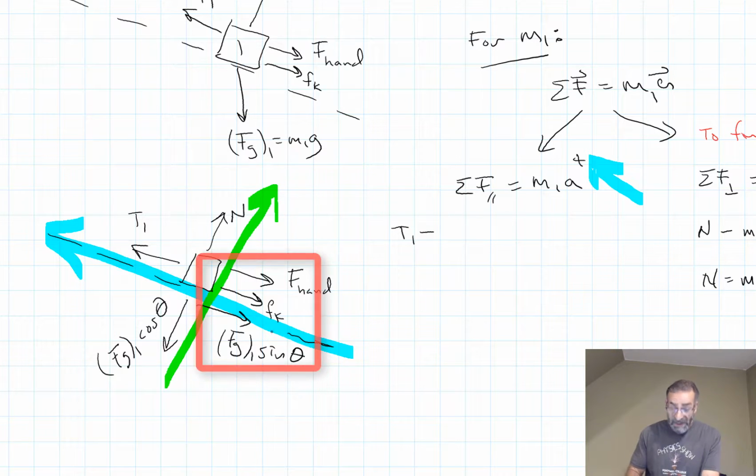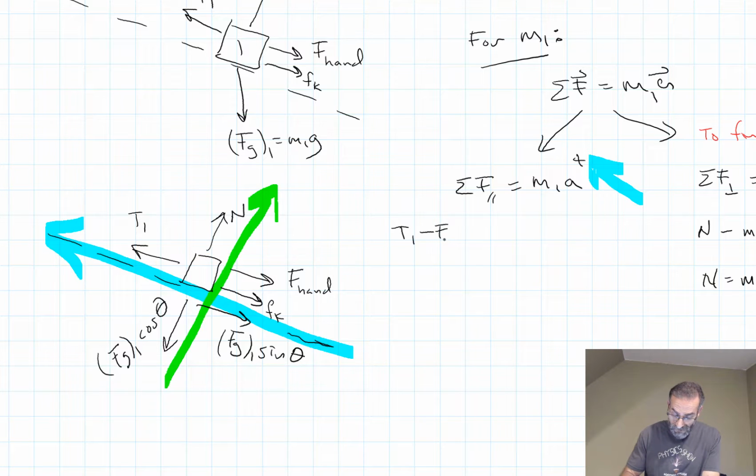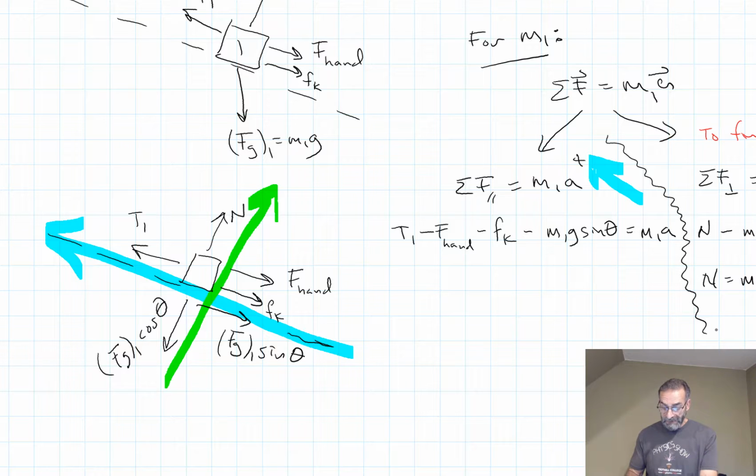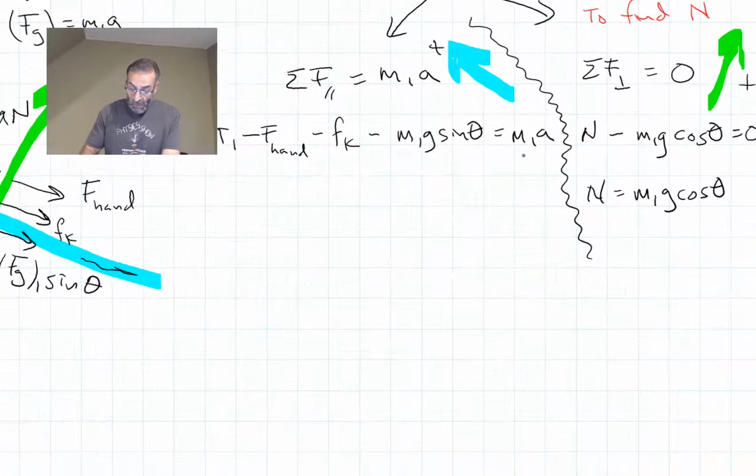And in the negative direction, I have 3 forces: F hand, kinetic friction, and the weight that's going down the incline, m1g sine theta. And I add those all up, and I have to get m1 times the acceleration, m1a. So this is one equation.